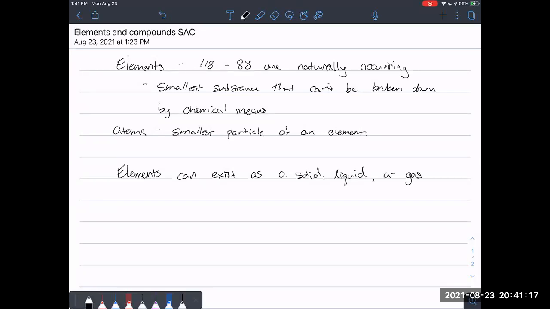Now I know somebody will say, well, there's a fourth state of matter, it's plasma. Yes, that's true, but elements don't exist as a plasma. They can exist in one of these three states, solid, liquid, or gas. And we'll talk in a little bit about how those can vary.